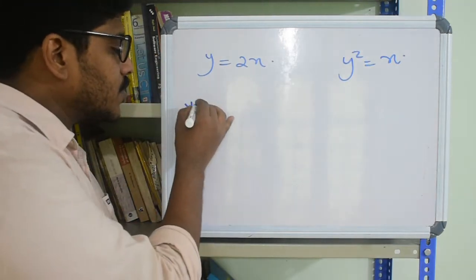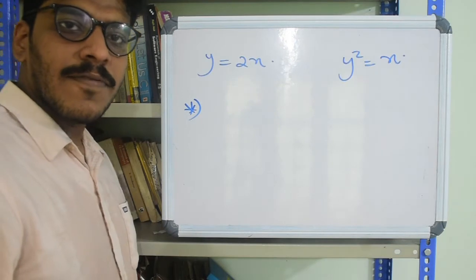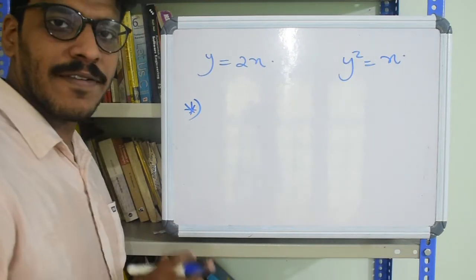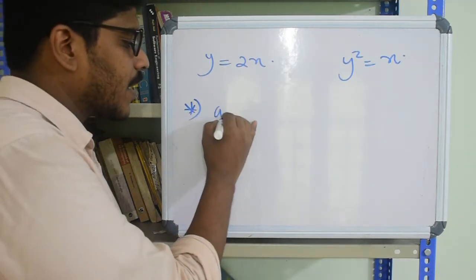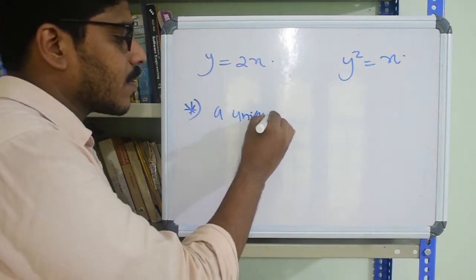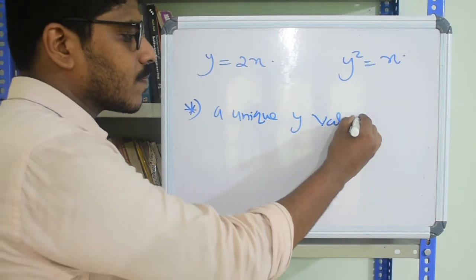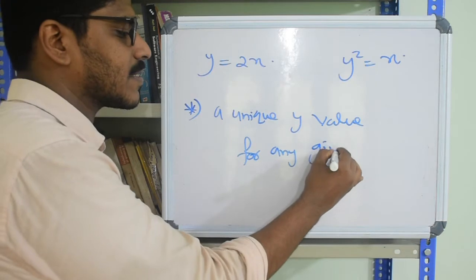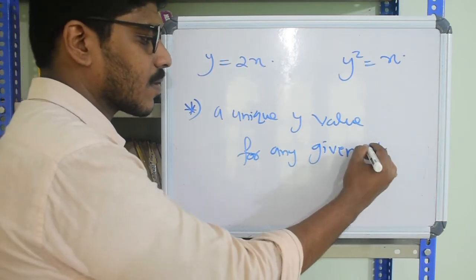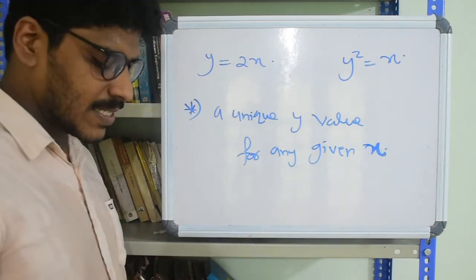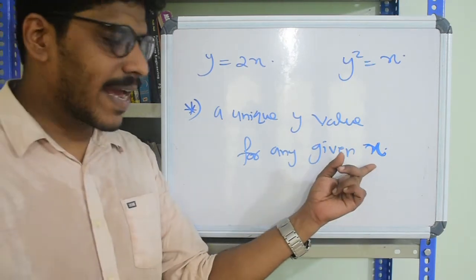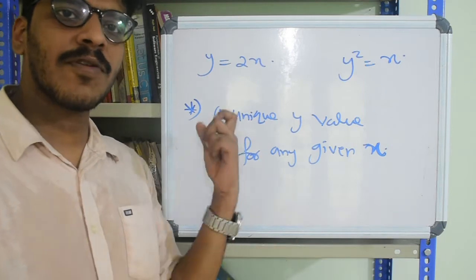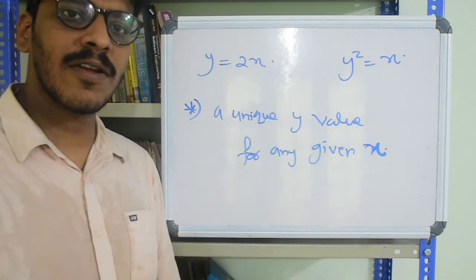So I would like to introduce you to a concept: for an equation to be a function, remember, there should be a unique y value for any given x. Which means for any given x, you should be able to find a single value for y.